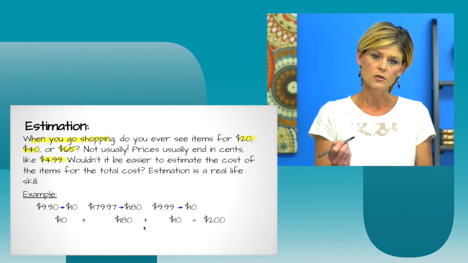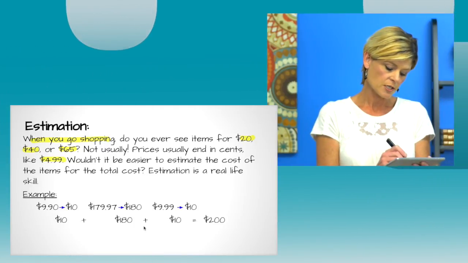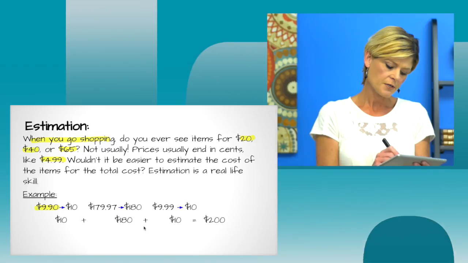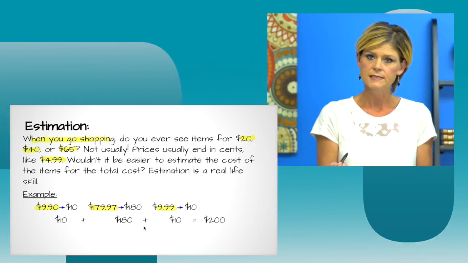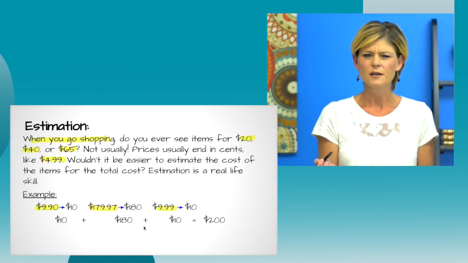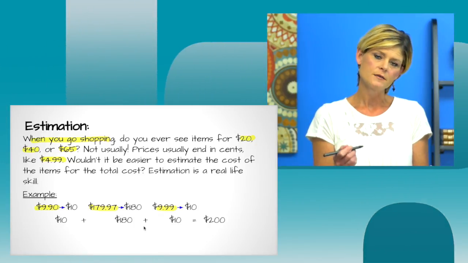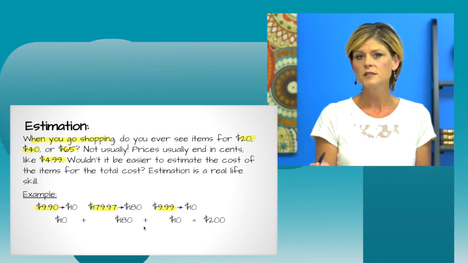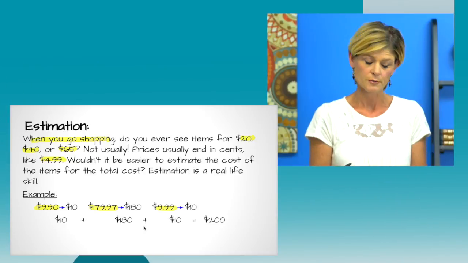So pretend you are in the store and you've got several items that you want to buy. And their prices are $9.90, $179.97, and $9.99. Well, that would be awfully hard to add those numbers up in your brain. But if you were to estimate or to round, it would be very quick to get a general idea of what your total cost would be at the end of your shopping trip.